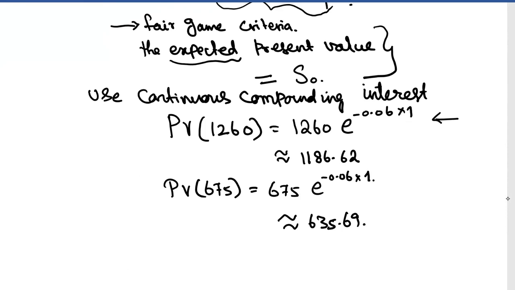Now we apply the fair game criteria, which says the expectation of the present value. What is the expectation of the present value? It is 1186.62, and this is when the stock touches the upper value, right?